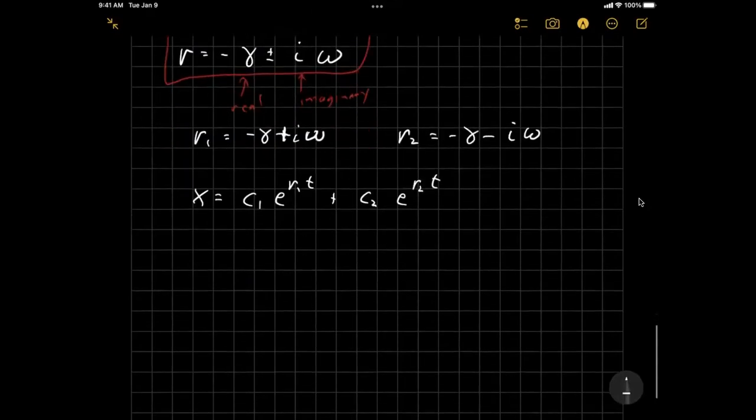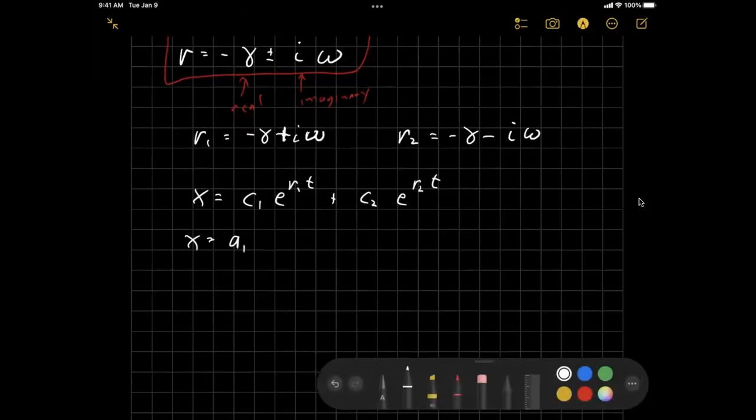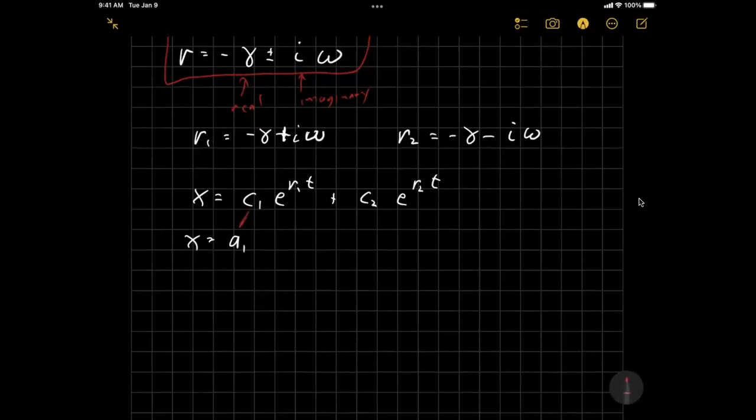Now, we're going to end up having complex coefficients here. I'm going to do a couple of things in the next step. First of all, I'm going to change my c1 to an a1. We'll see in the end, I want to get back to having a c1 and a c2. I'm going to just rename my constant a1. Since it's not defined yet, we can call it whatever we want.